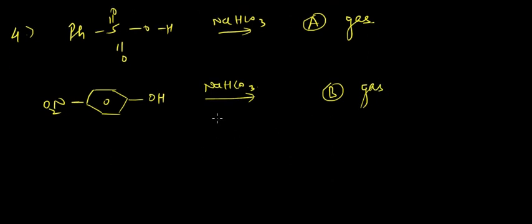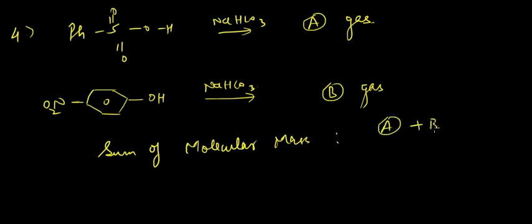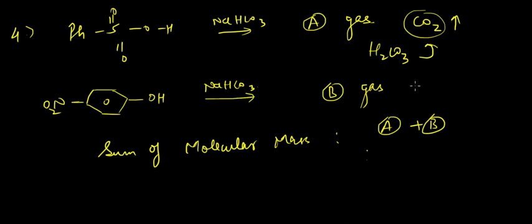You have to output the sum of molecular masses, A plus B. So A gas would obviously be CO2, because carbonic acid would be formed and as a result CO2 would be evolved. And in the second case again carbonic acid would be formed, as a result CO2 would be evolved. So 44 plus 44 gives me 88, which is the answer.